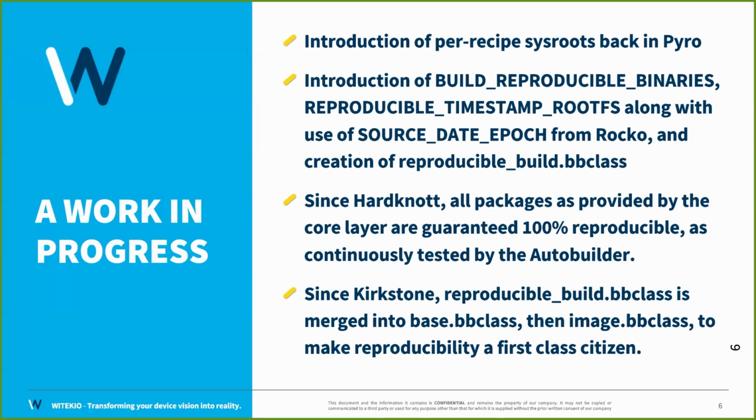And reproducible timestamp is used with globally the same aim. All of that was encompassed inside a build class called reproducible_build, which at the time was to be inherited. Since Hardknott, all packages provided by the core layer are guaranteed 100% reproducible. And this is enforced by a continuous test by the autobuilder.